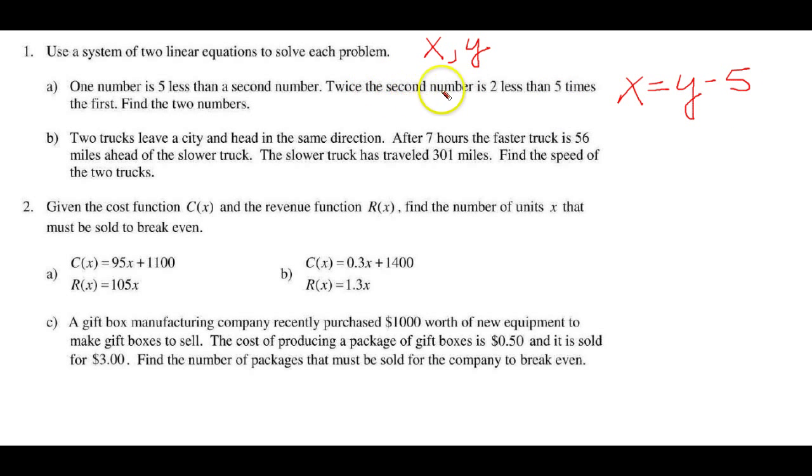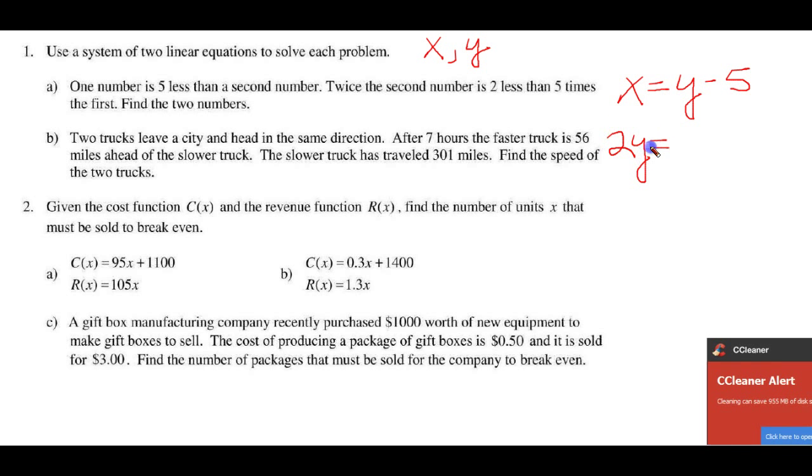And twice the second number. Now, here you have to keep in mind that you're designating the X as the first number, and this is the second number. So twice the second number is 2 less than 5 times the first number.